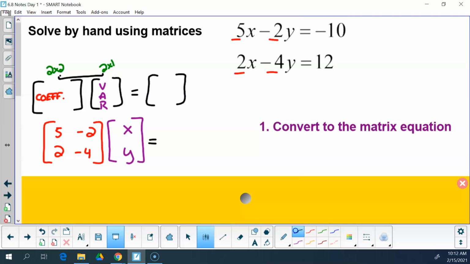So that's good. My result is going to be a 2 by 1 matrix, and that is going to be the numbers matrix. So that's going to be the 2 by 1 matrix, negative 10 and 12. Okay. So that is our system of equations converted into a matrix equation.